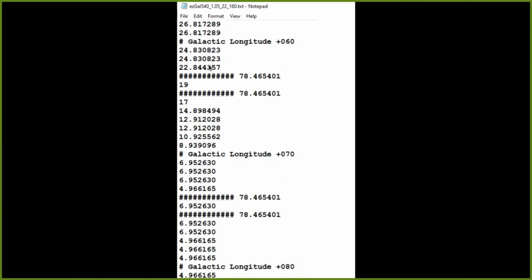Going down the numbers, I found at 24, 24, 22, and then suddenly there was a 78. It was followed by another 78. So I put a bunch of comment characters in front of that value and inserted a value of 19. I put comment characters in front of the second bad value and inserted a new value of 17. Now it goes from 24, 22, 19, 17, 14. That's a better slope.